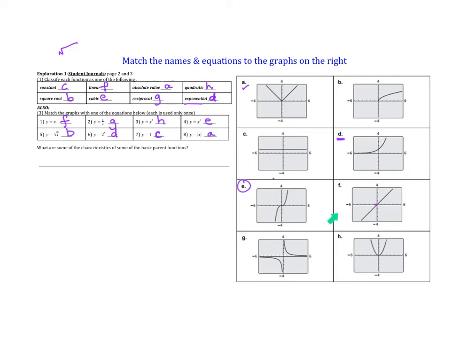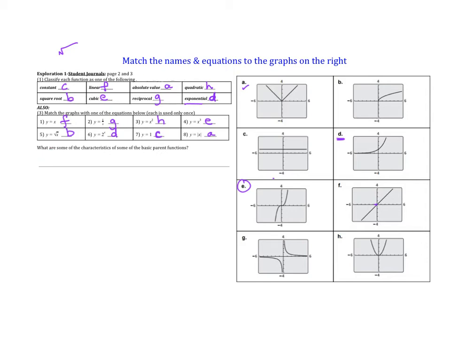So maybe some things on here is that you see that most of them pass through the origin or touch the origin in some way, right? So most of them do. Another thing is maybe that they are symmetrical. They are symmetrical like here. It's symmetrical across the y-axis here. It's like a mirror. Same thing you could say for here. And then as well as the parabola, it's symmetrical across the y-axis. You actually also have this type of symmetry here where it's symmetrical across the origin. So let's just write a few of those things.